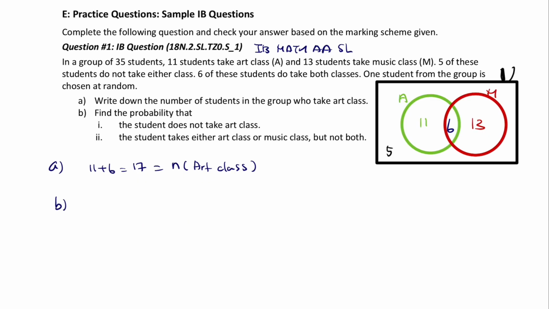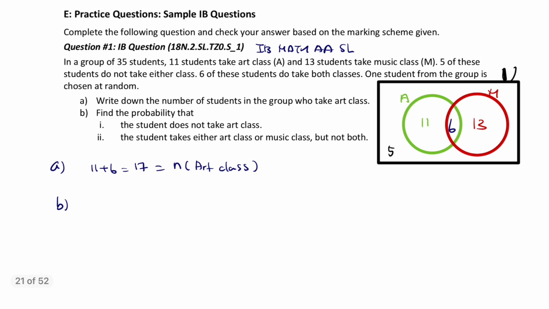Question B, we now need to find the probability that the student does not take the art class. So we have to consider the case where students only take the music class, which is 13 students. And we also have to consider the case where students do not take either class, which is 5. So we have a total of 18 students who do not take art class.